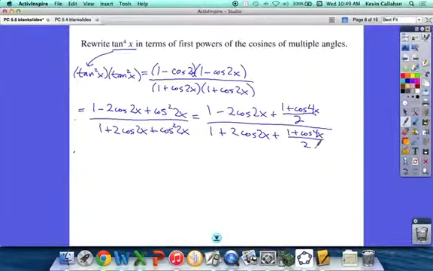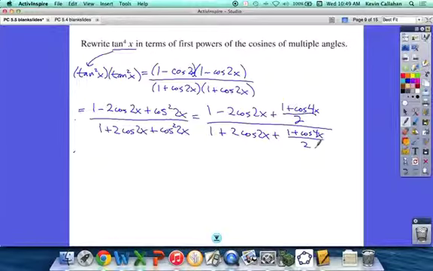Okay, now, is it all written in terms of first powers of cosines? Yeah, it is, but that's probably not a simplified form that we could live with. When you have fractions inside of fractions, that's called a complex fraction, and we shouldn't leave it like that. How could I get rid of the fractions within fractions? Multiply the top and the bottom by 2.